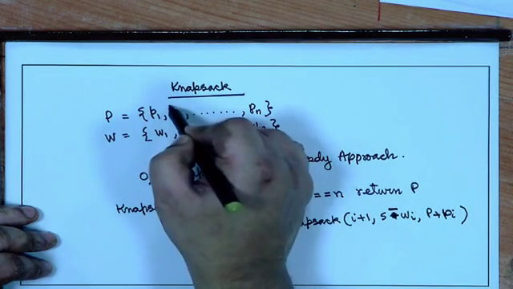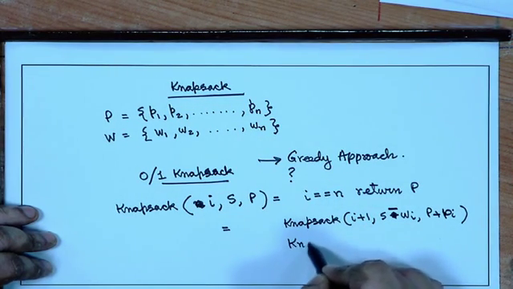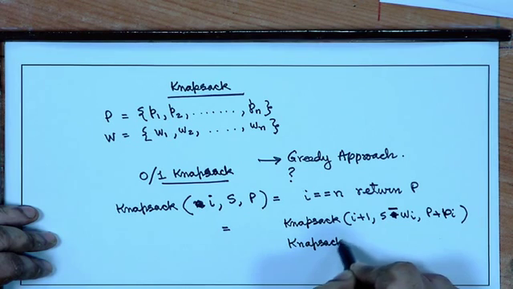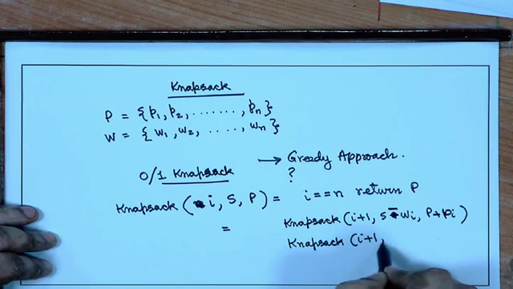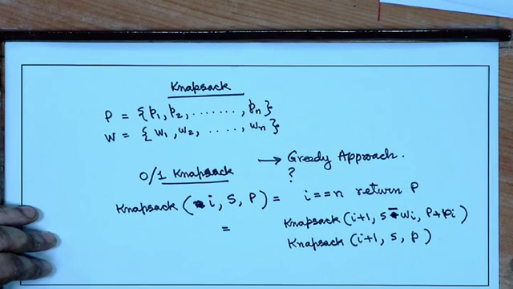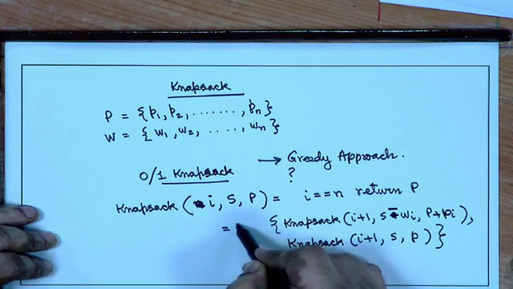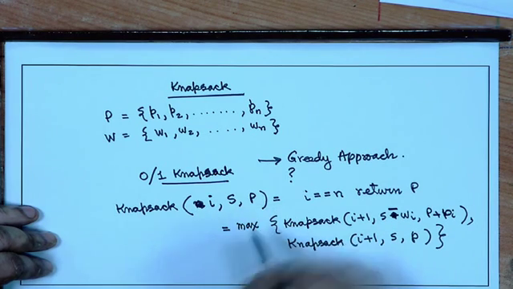These are all small p's. And if you do not choose the item, then it is I plus 1, S and P. And whatever you get out of these two, you want to take the maximum.